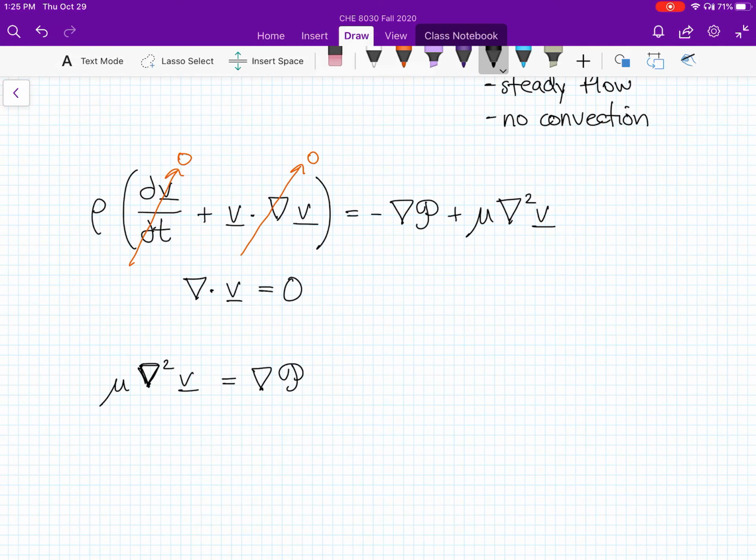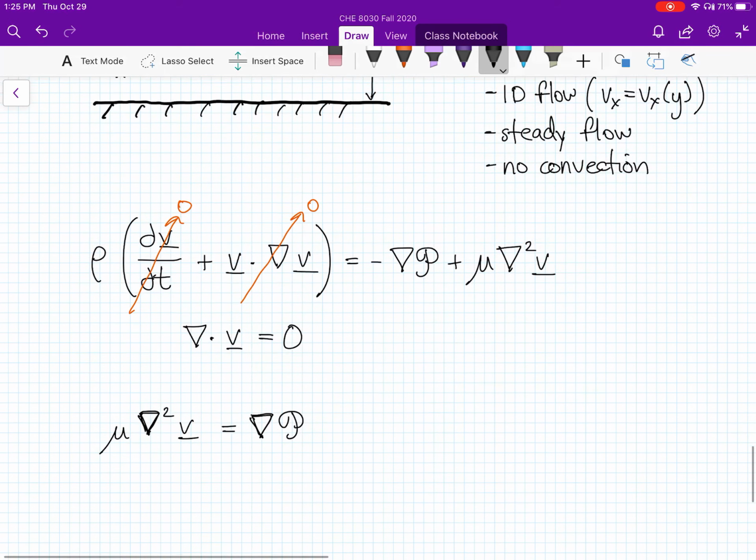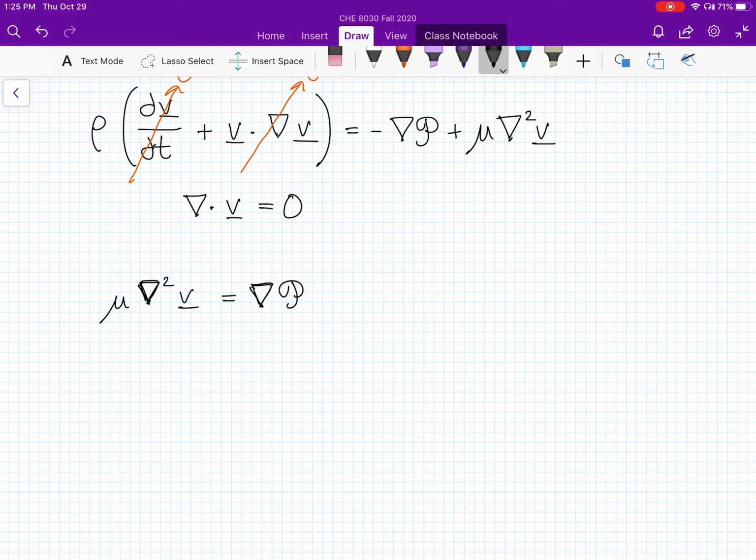And now I can write that in terms of x's and y's based on the fact that I have rectangular coordinates. So again, I am concerned about the velocity in the x direction and how it changes as a function of the y coordinate. So the left-hand side then becomes my shear viscosity, second derivative of the x component of the velocity with respect to y, and that is equal to d fancy p dx.